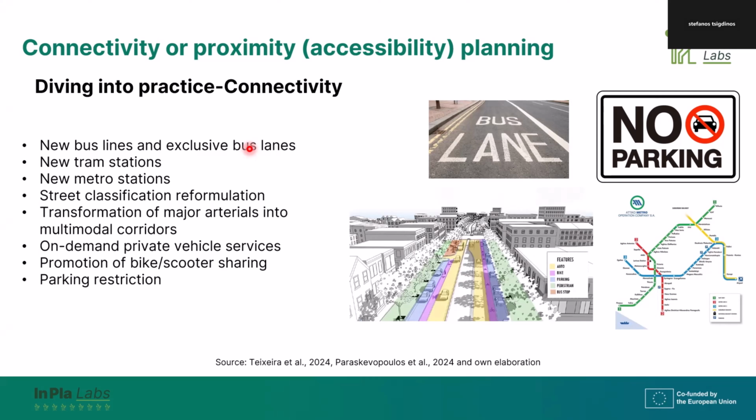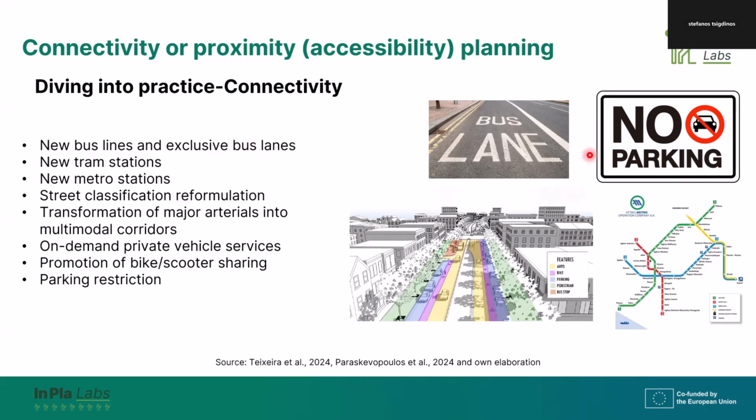In connectivity, we may find measures more connected to transport planning, like new bus lanes, tram stations, metro stations. So we have the fixed route transport, which is very important for our cities. We also have street classification and some measures restricting car use, parking, and promoting bikes or e-scooters.